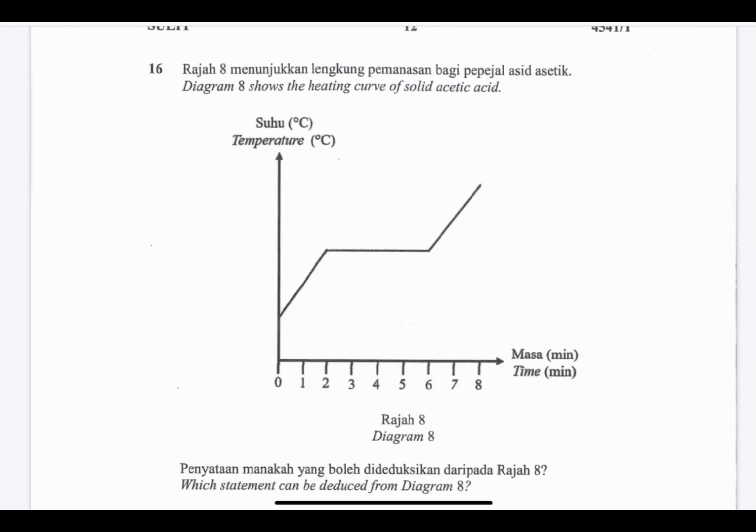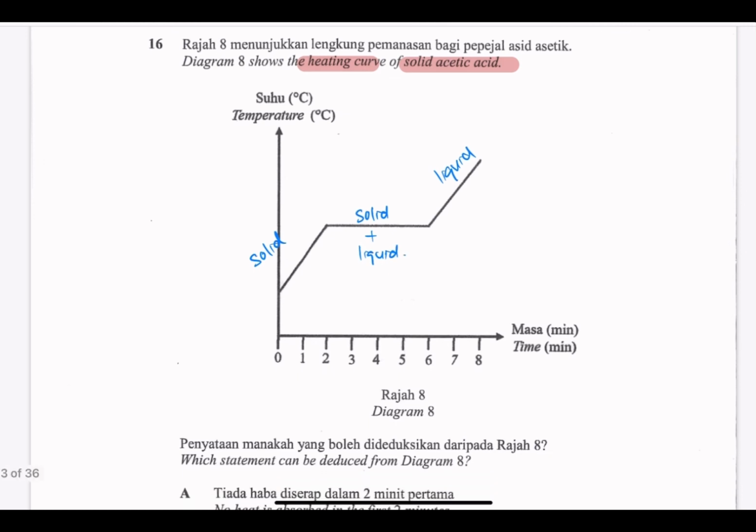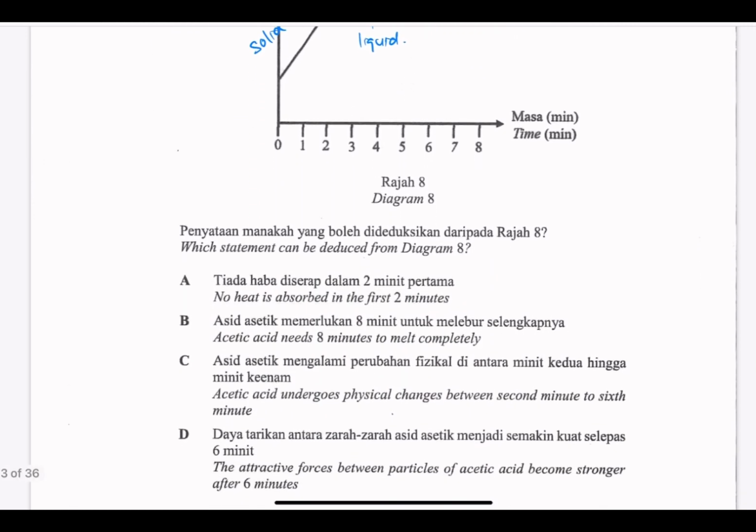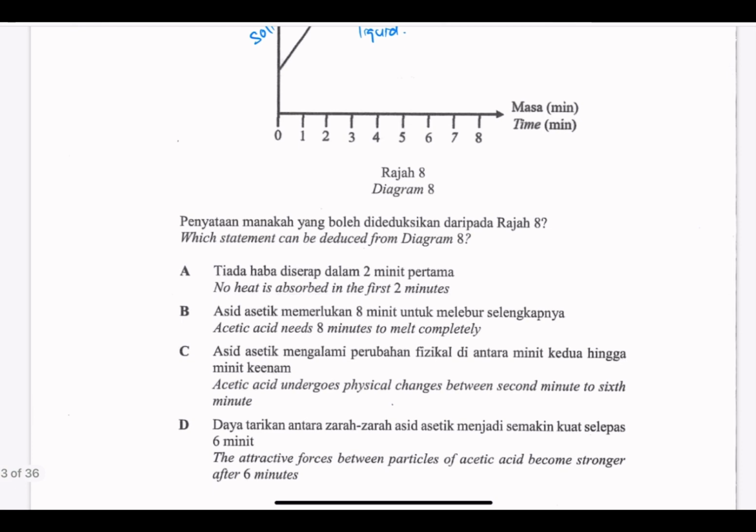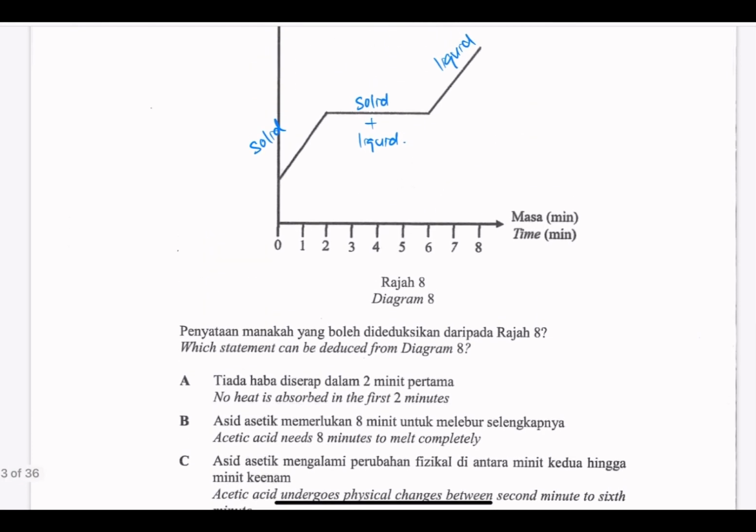Okay, 16. Heating curve of solid acetic acid. So the acid will change from solid to liquid. So over here, this is the phase change, solid and liquid. Which statement can be deduced from the diagram? Okay, A is incorrect.